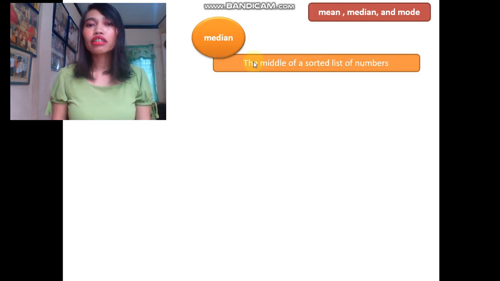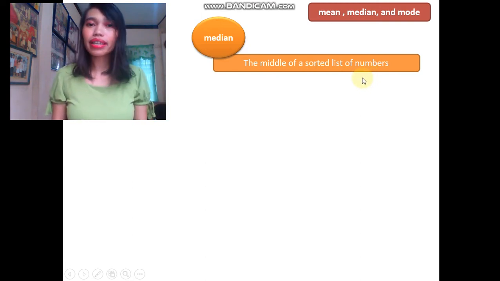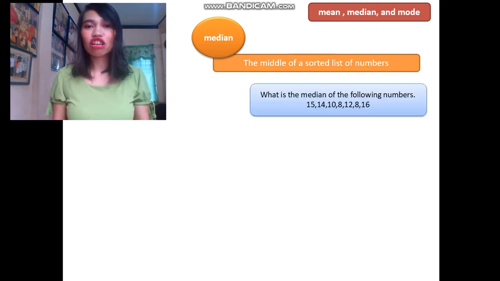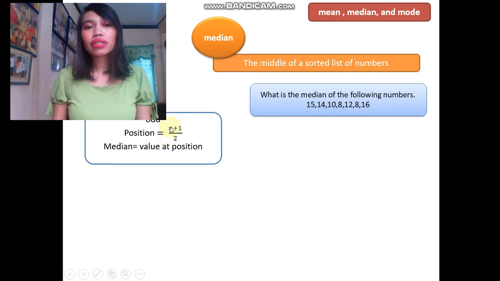The median is the middle of a sorted list of numbers, meaning you have to arrange the data in either ascending or descending order, most preferably ascending. What is the median of the following numbers? Before that, if the count is odd, you need to get the position that is n plus 1 over 2.